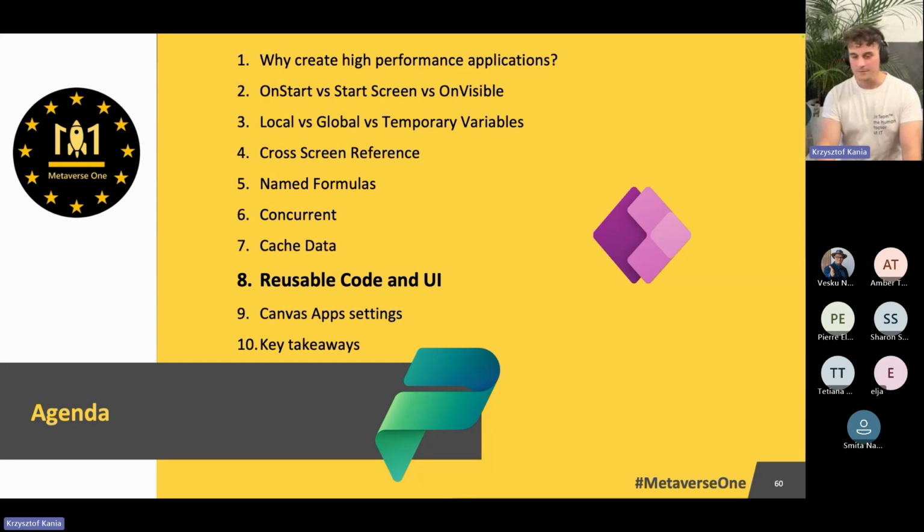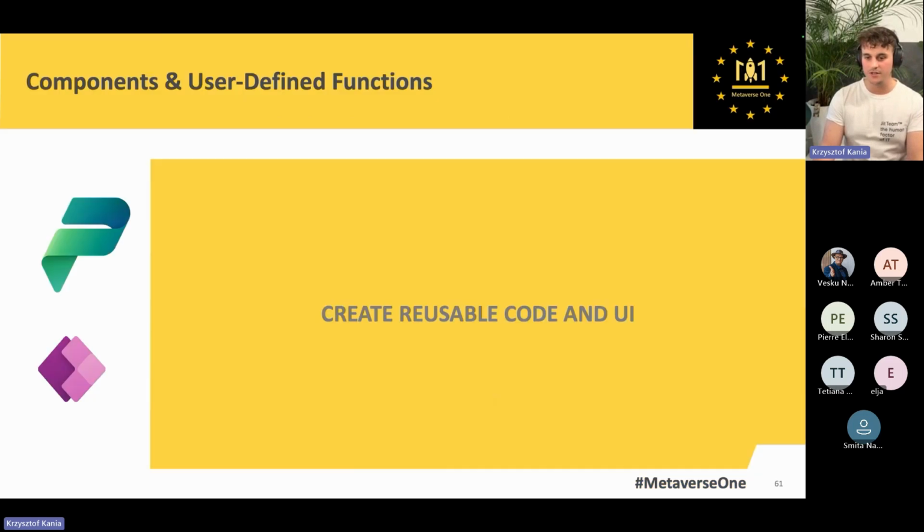Okay, so reusable code and reusable user interface. This is perfect, right? We covered so many examples and we just have a few more to take, but it will be quick. Okay, so reusable code and reusable user interface. Why should we do this?